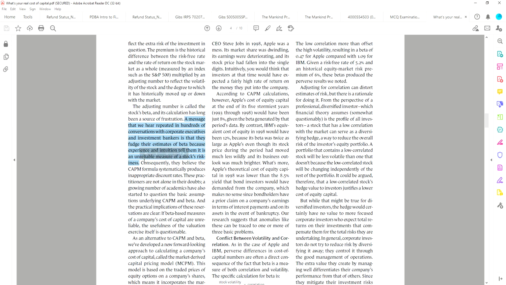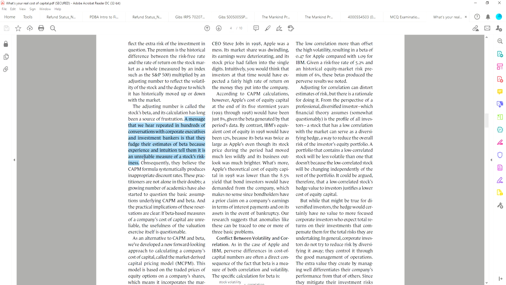So there's this problem with beta, it's unreliable, and the assumptions that were originally made in order to come up with CAPM mostly don't apply to single businesses. CAPM was designed for a portfolio, to add a stock on the margin to the portfolio and measure the risk.